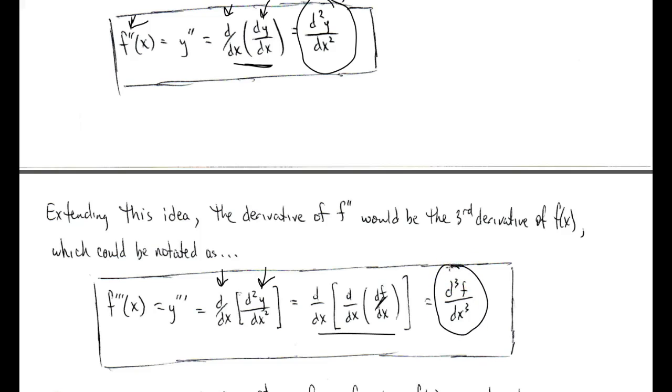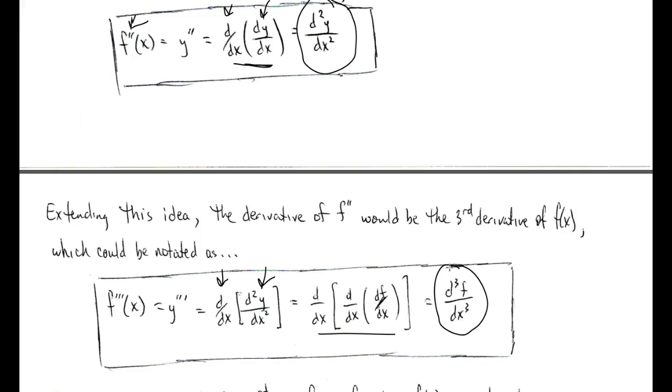Okay. Now, if we want to go higher in derivatives, it's customary for us not to use the prime notation for anything higher than a third derivative. So for instance, let's say if I wanted to take the 25th derivative of some function, we're not going to do f and then 25 prime signs before we write the x there.